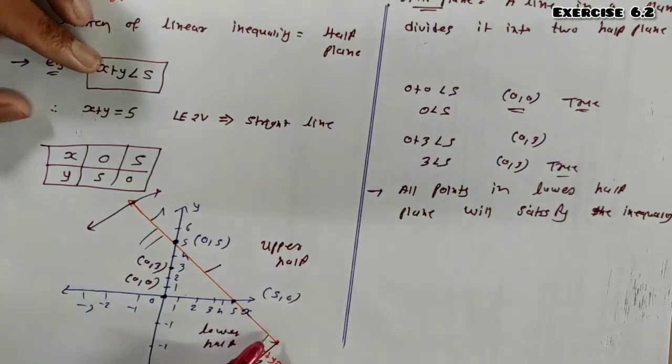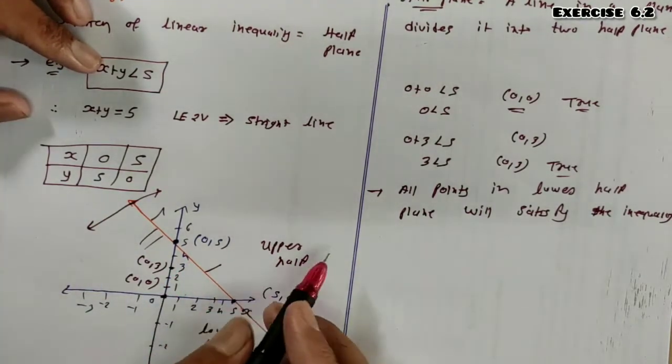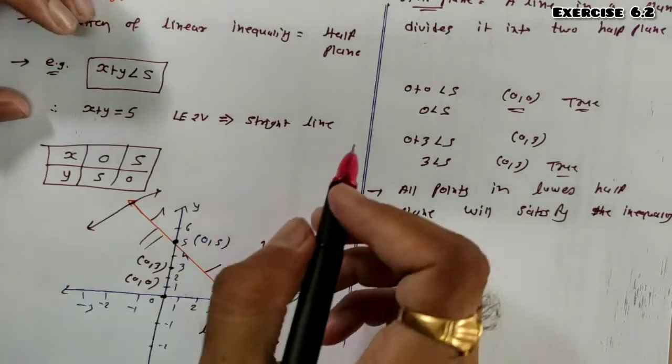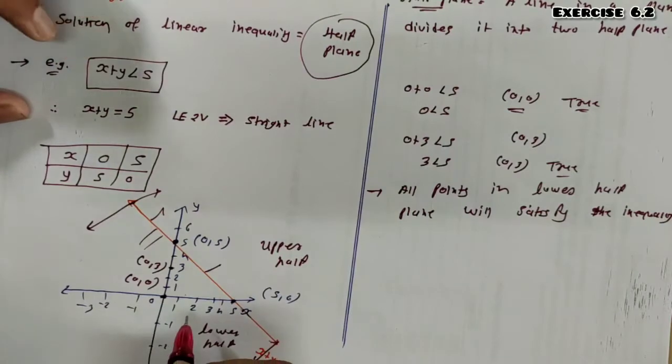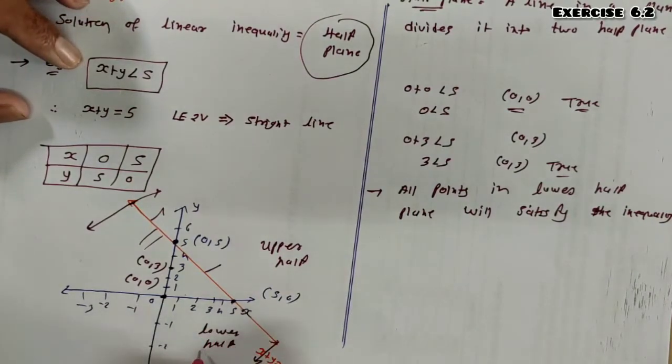Here our straight line divides the given plane into two half planes, the upper half plane and the lower half plane. The solution of any linear inequality will be a half plane. So which half plane is the solution of this given linear inequality? The lower half plane towards the origin is the solution.